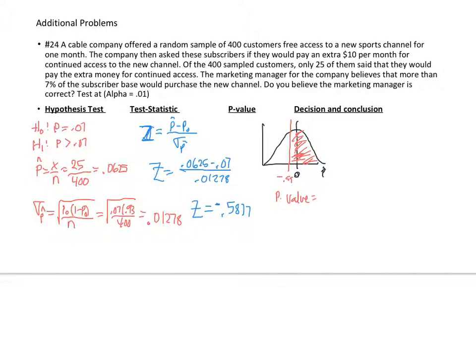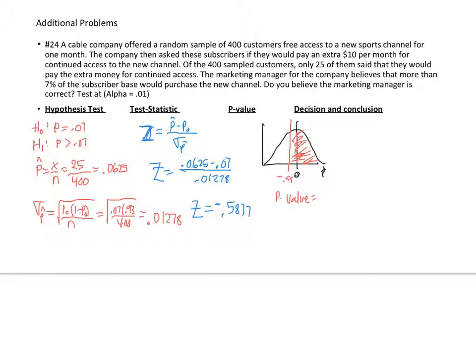equal to, I believe, hold on just a second, I'm going to do it on my calculator as well. I'm going to go over to stats, hit my calculate key, go to option 5, and my p-value is 0.72.